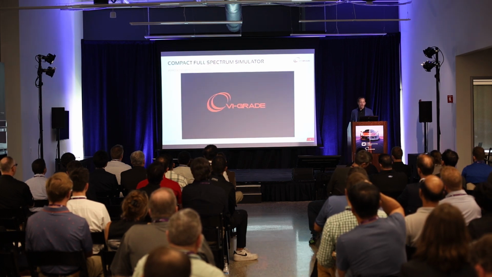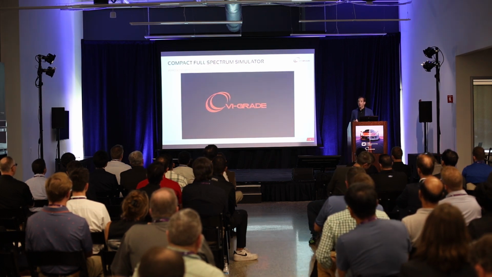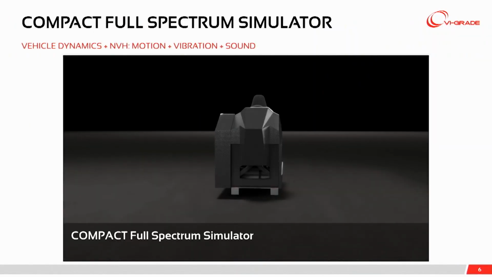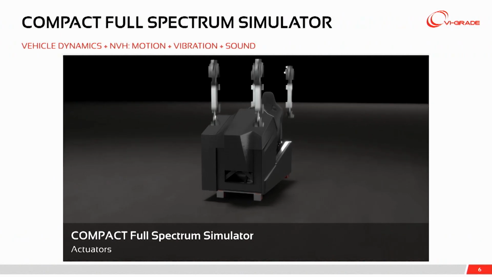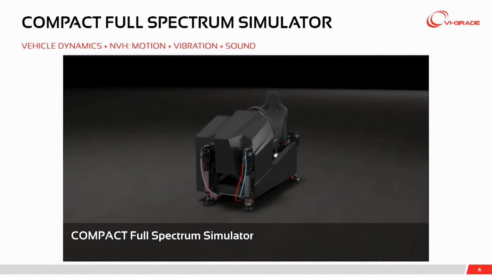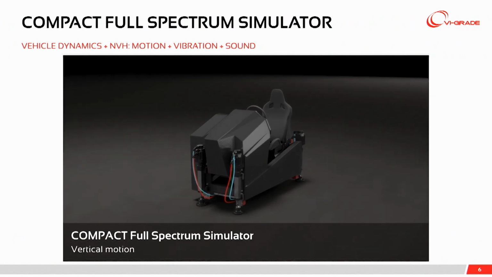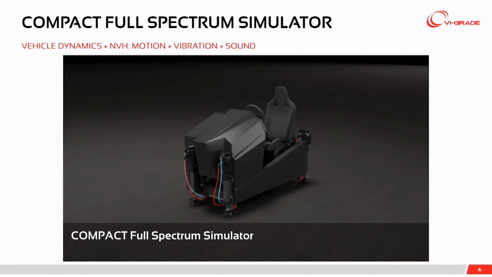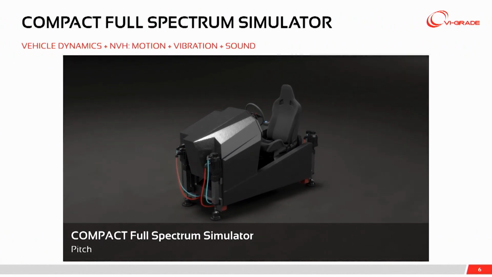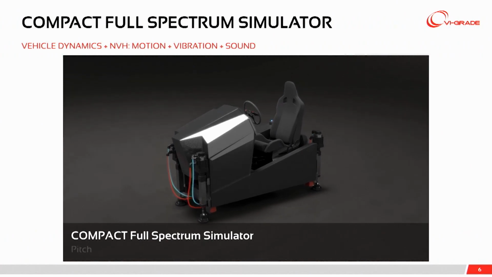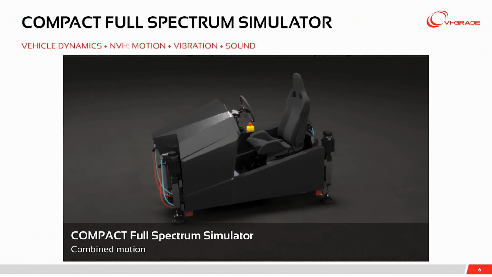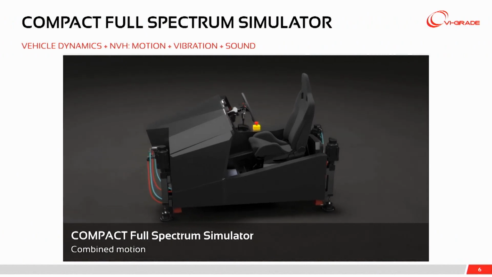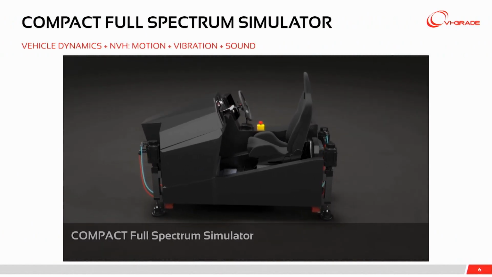The Compact FSS is the first real-time driver-in-the-loop simulator that actually accurately combines motion, vibration, and sound in a single simulator. It starts with a carbon fiber chassis that's optimized to be light and stiff for accurate response. The most notable feature is the legs. These provide roll, pitch, and vertical motion to the simulator and accurately reproduce the overall motions of the vehicle while it's driving.